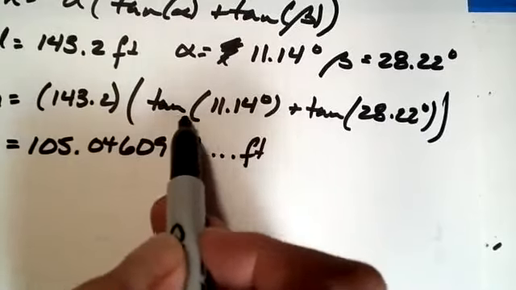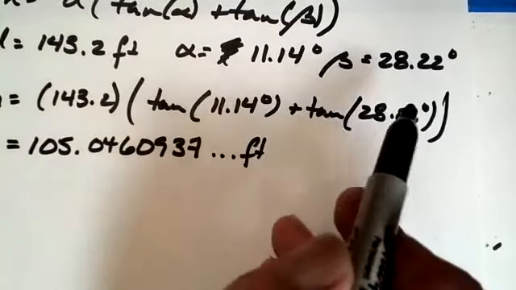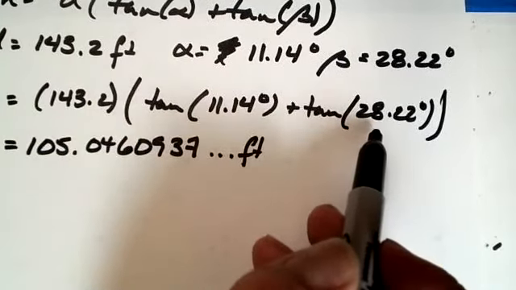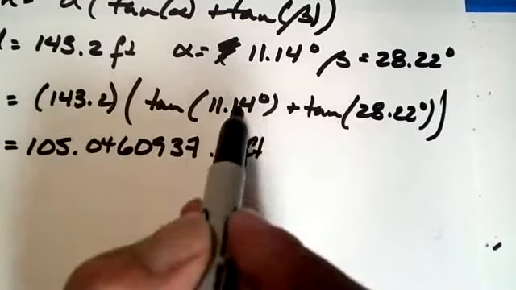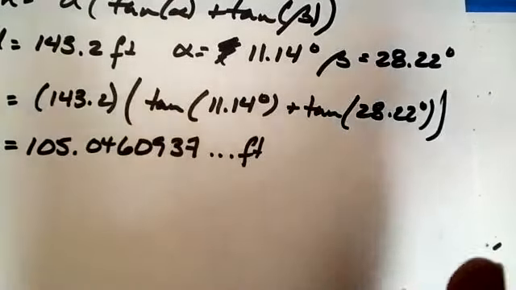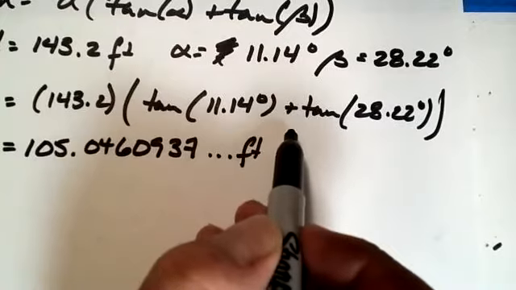So this number would have 4, and this number would have 4 digits of significance. Even if I add them, they're going to be in the same position. You'll find that that's true.